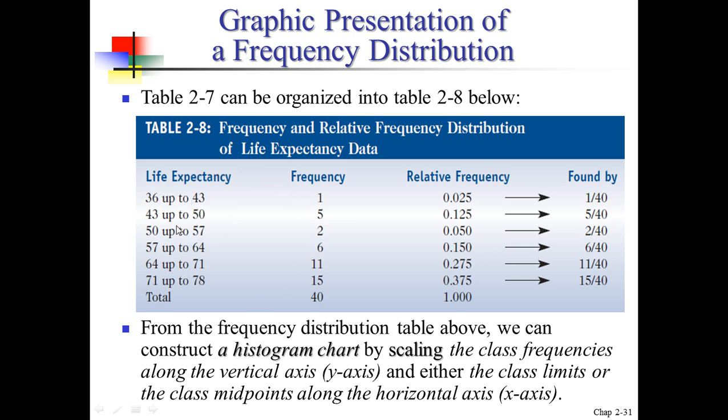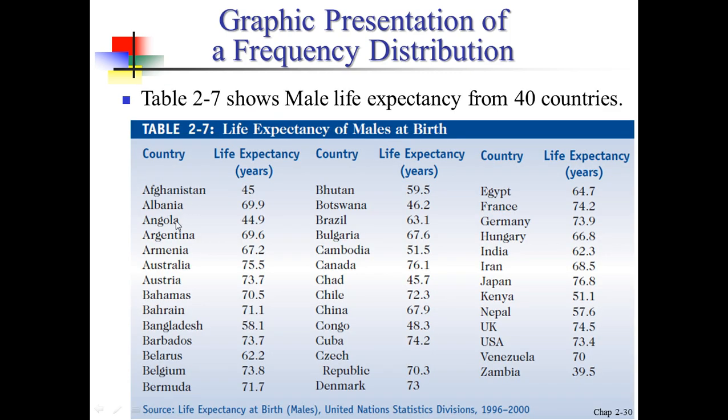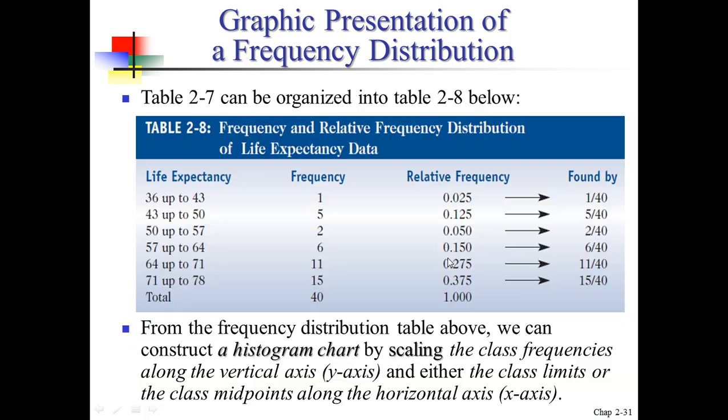This is life expectancy, number of years. This is the number of countries, because we're talking about countries here. The 5 steps are done, and the 6th step is coming, relative frequency. From the frequency distribution table above, we can construct a histogram chart by scaling.